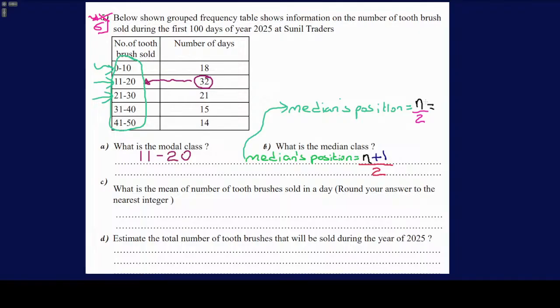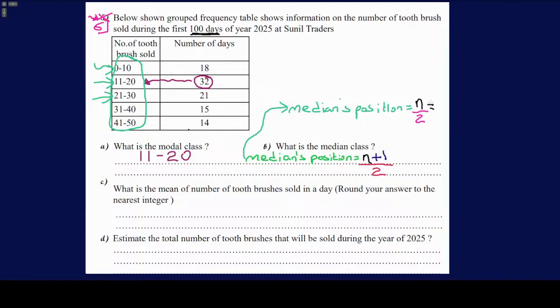So what's the n? The total of all the frequencies. It's given right at the top here, 100. Since 100 is given right at the top, I can use that 100. If it's not given, what should I do? I have to add these frequencies: 18, 32, 21, 15 and 14 and get the total.